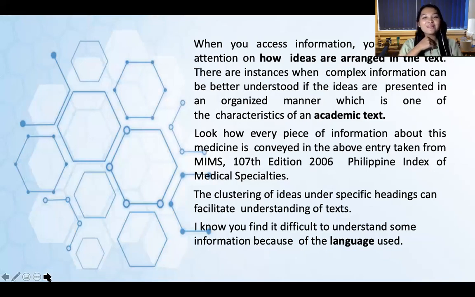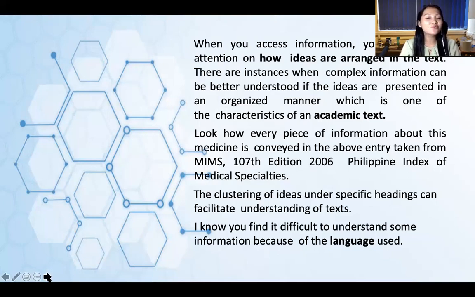Now, class, when you access information, you should pay attention to how the ideas are arranged. Take note that there are instances when complex information can be better understood if the ideas are presented in an organized manner, which is one of the characteristics of an academic text.